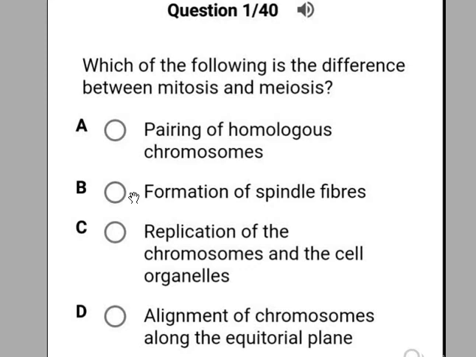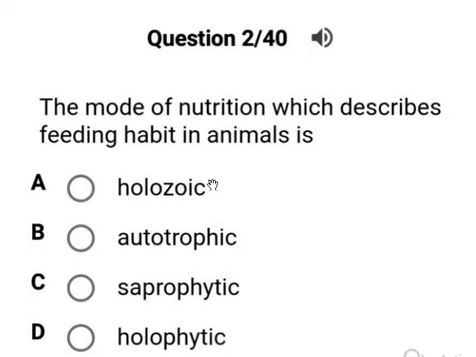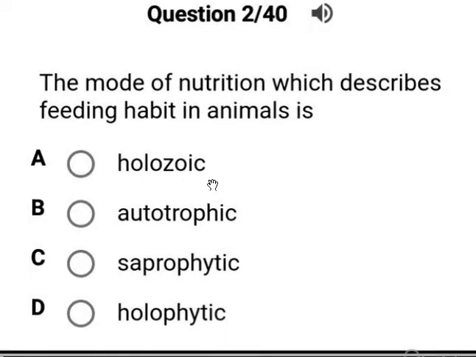So next question, that's question number 2. Question number 2 says, the mode of nutrition which describes the feeding habit in animals is A. Holozoic, B. Autotrophic, C. Saprophytic, D. Holophytic. Here the best option is Holozoic.